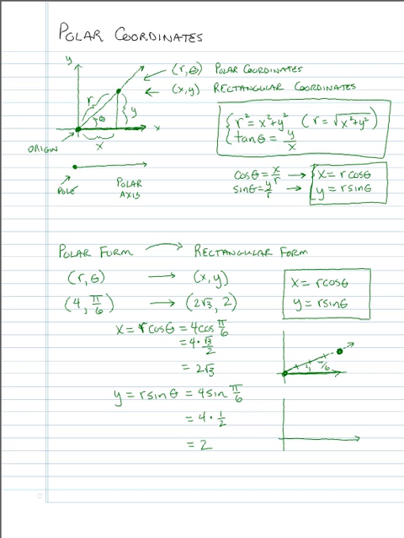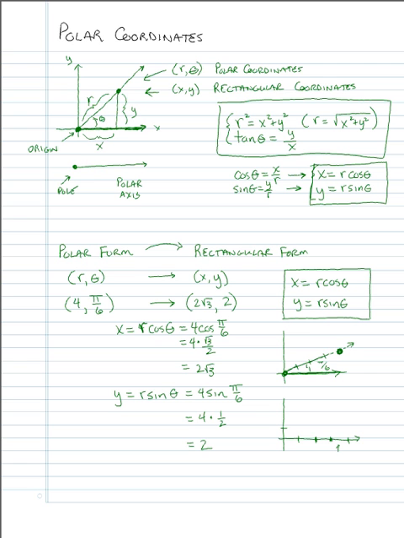So we would say, here's 1, here's 2, here's 3, here's 4, and if we're about 3.4, we'd say roughly in that position. And we're going to go up 2 units.